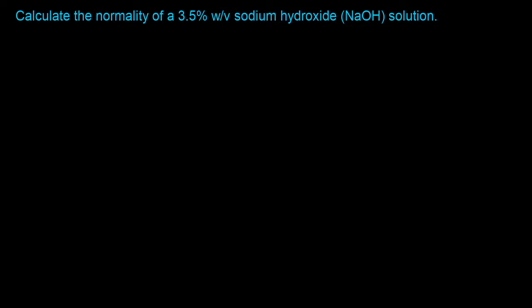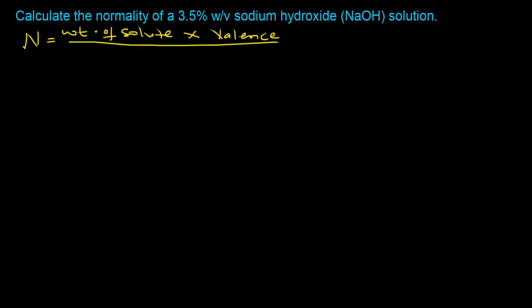Okay, so when we talk about normality, same thing, we're going to use that same equation. Your normality is equal to the weight of solute times the valence divided by the molecular weight of solute times the volume of solution in liters.